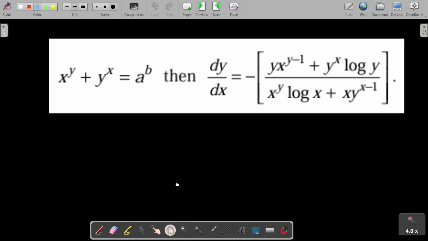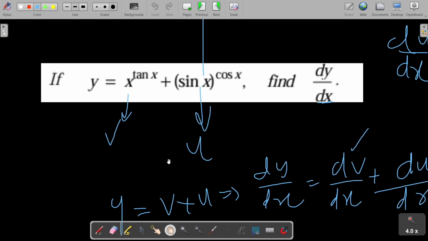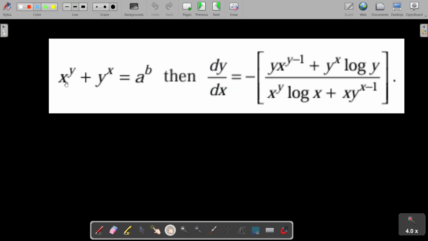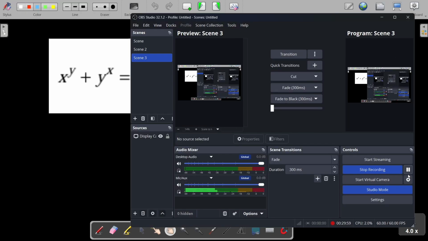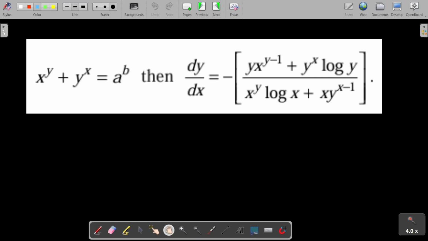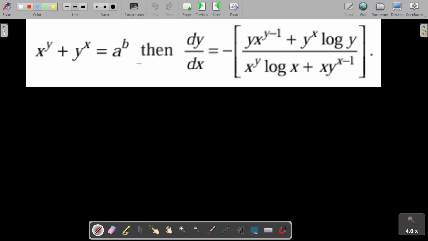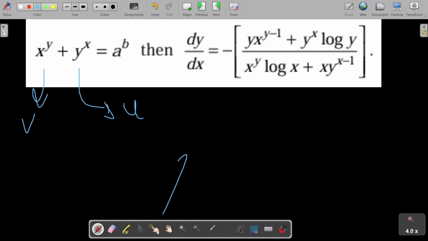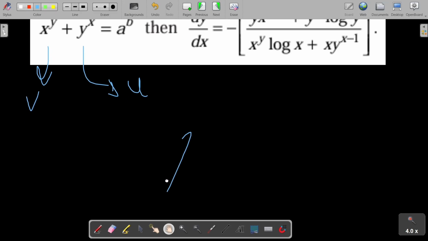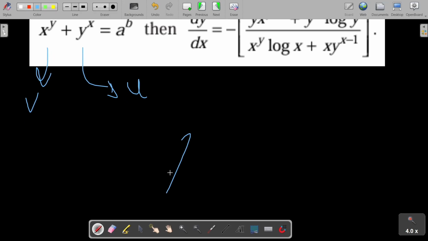So yeah, we need to do that thing we did earlier. Assign this as v. Let's get right into solving this problem fast. Okay, let me assign this as v and assign this as u. You can assign anything.